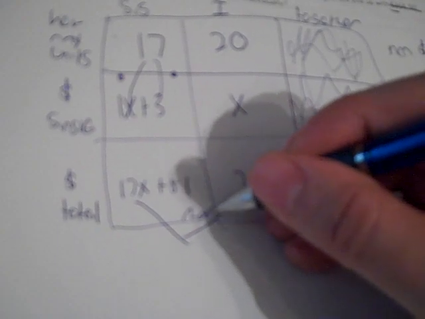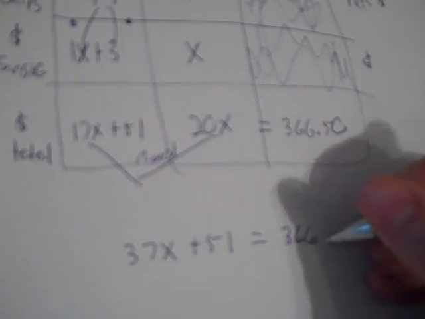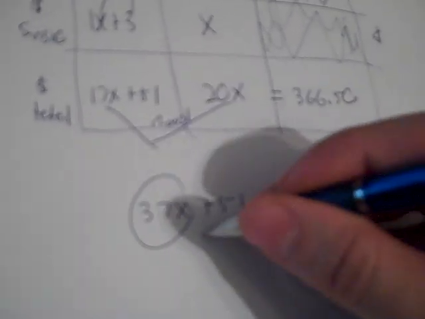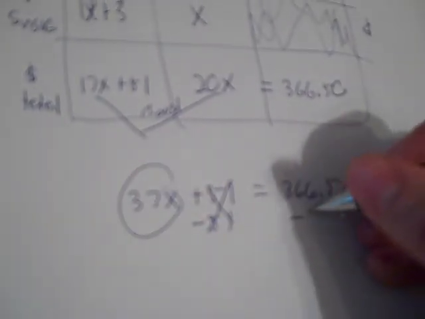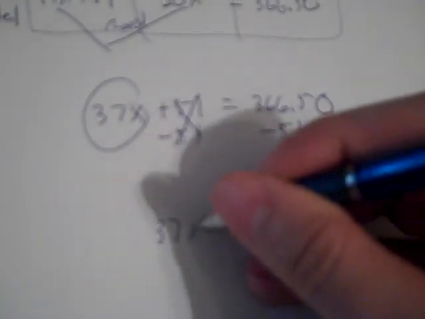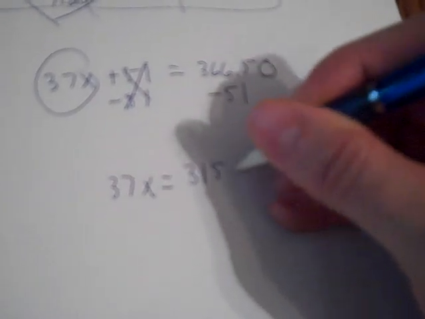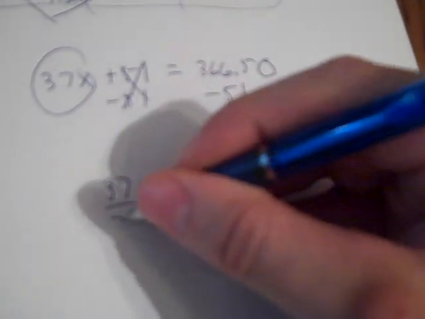I don't need to create that system. So that's 37x plus 51 equals 366.50. Okay, and then we minus 51. So 37x equals, okay, 315.5. And then we divide by 37.